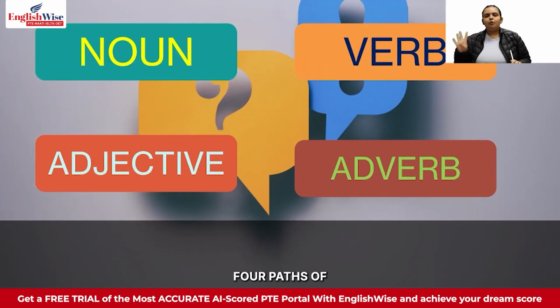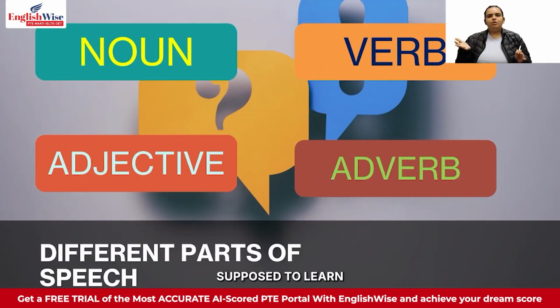So that was the 4 parts of speech that we are supposed to learn for your PTE exam. We do have the others as well. It's not like they will not assess you on the other parts of speech at all. But as I told you, 70% of the times you will see that these 4 are missing somewhere or the other. As we keep going forward, I will teach you these other parts of speech as well.